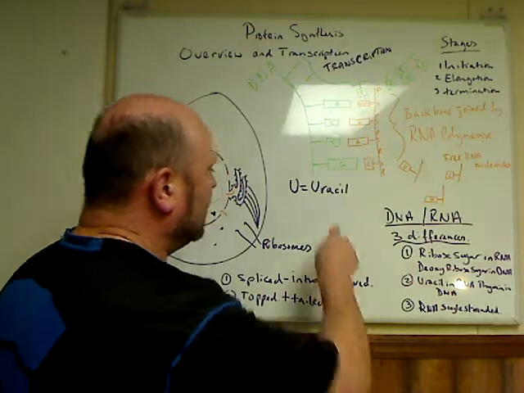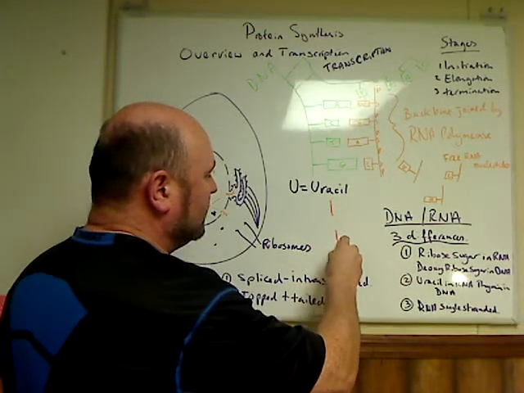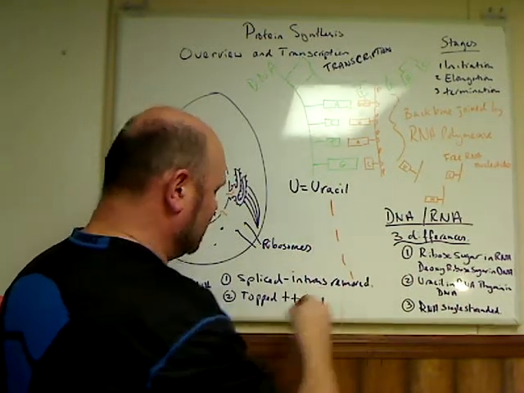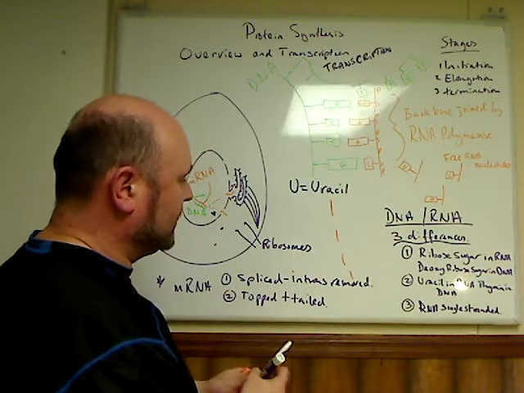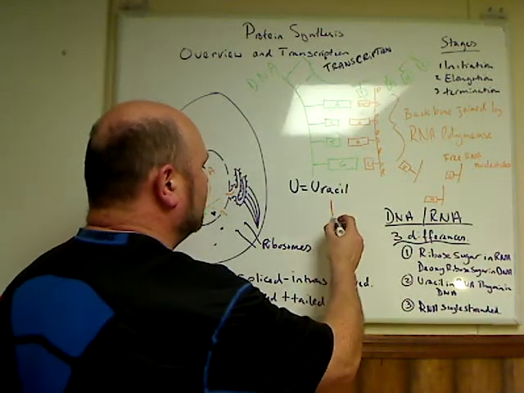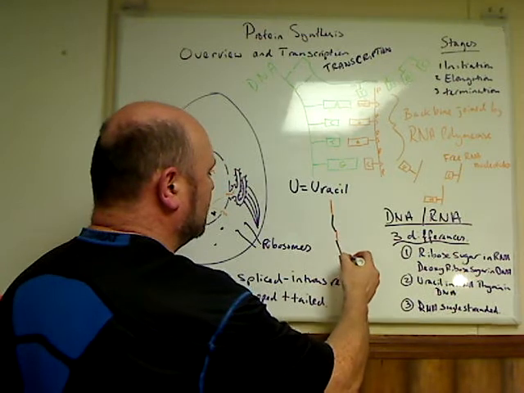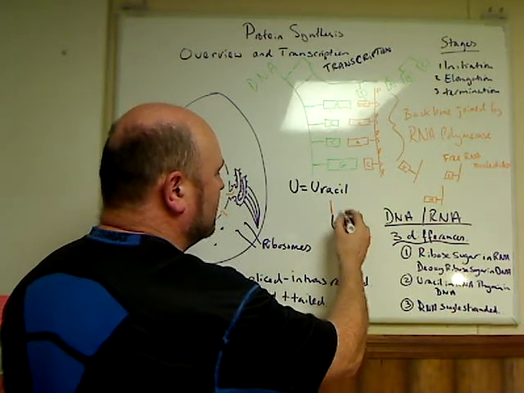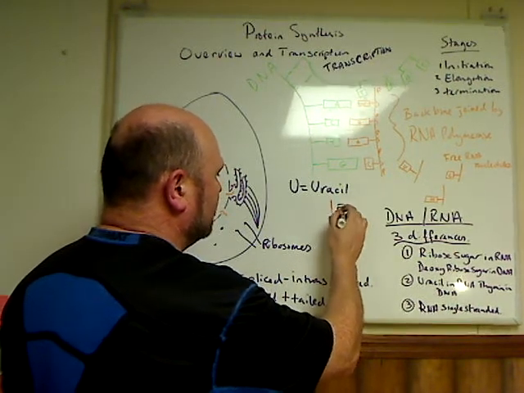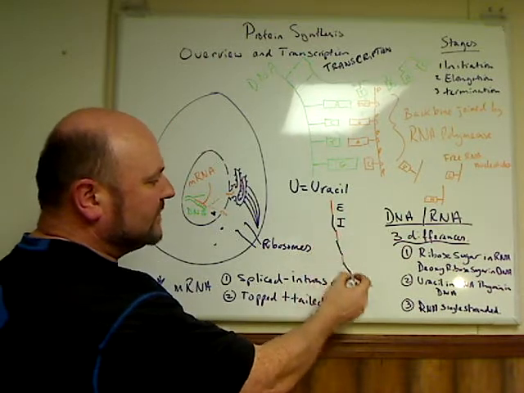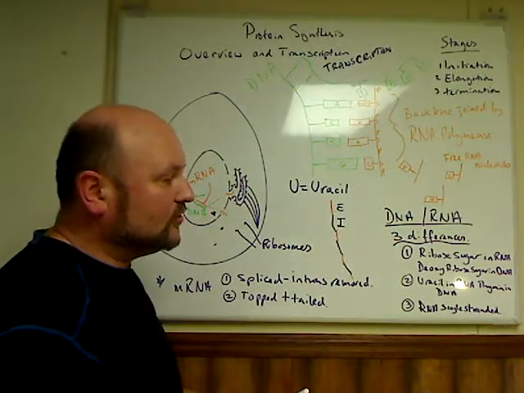So we have like that, and then you have, so these are the orange ones are the exons and the purple ones are the introns.